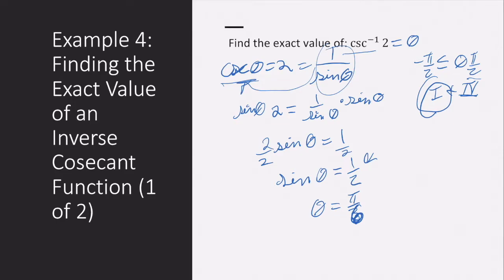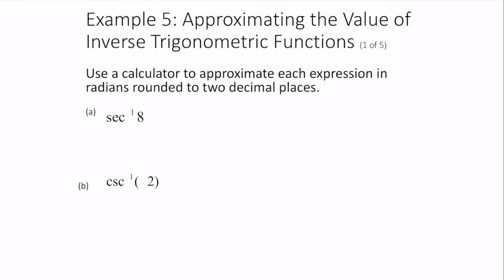Let's go through another example. Let's say I have this arc secant of 8. That means that the secant of theta is 8. Well, secant, remember, is 1 over cosine theta. So I'm going to rewrite this as 1 over cosine theta is 8.